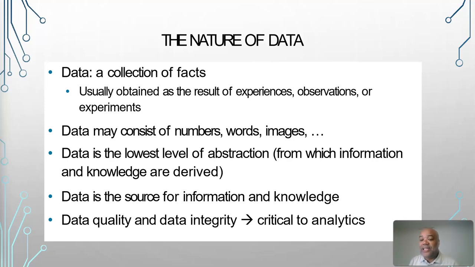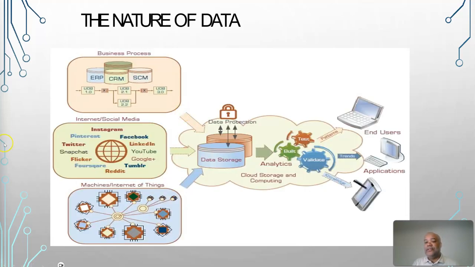So by understanding that data is the most basic level of abstraction, we can appreciate how data serves as the foundation for decision making in business, all businesses, all verticals, healthcare, higher ed, sports, and beyond. High data quality and integrity are not just technical details, they're the backbone of reliable analytics. So let's explore how data flows and connects different parts of our world.